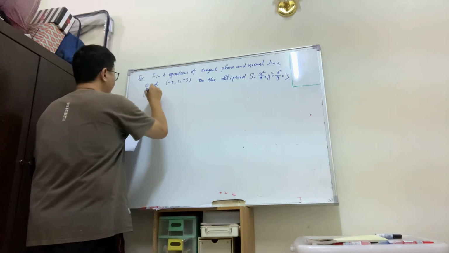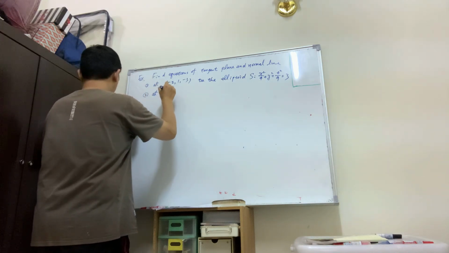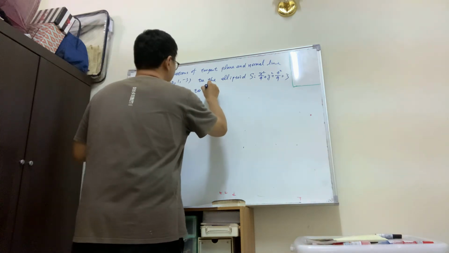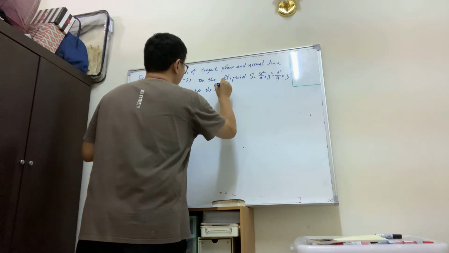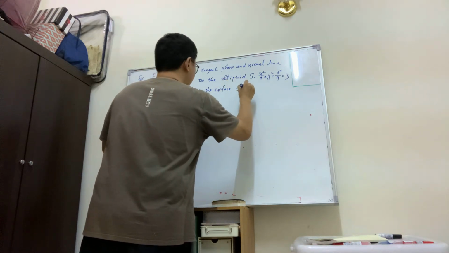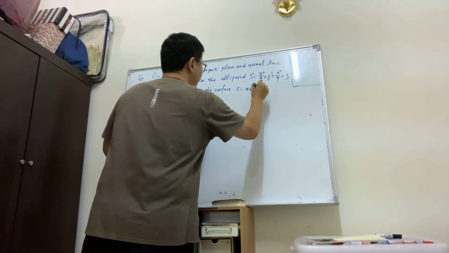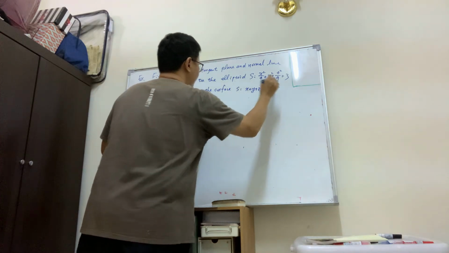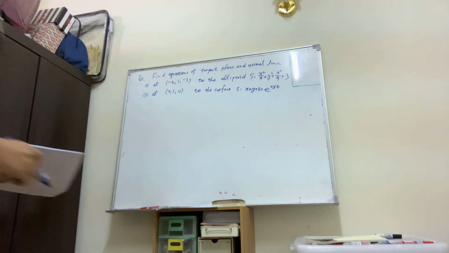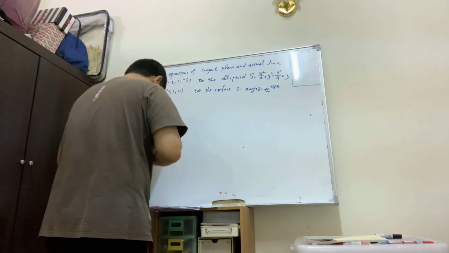The second one, at the point 0, 1, 0 to the surface x plus y plus g equals exponential xyg. This one. Okay, so it's our last question in this chapter.